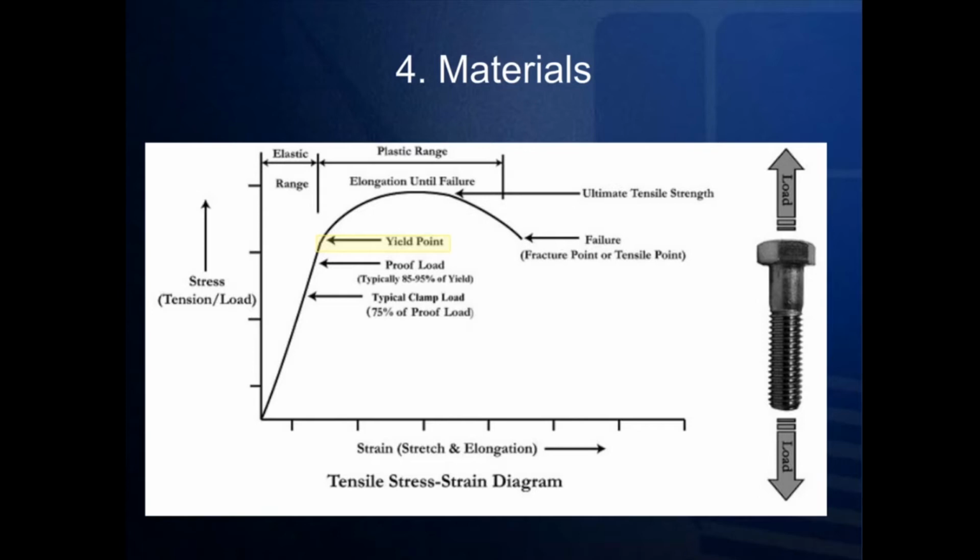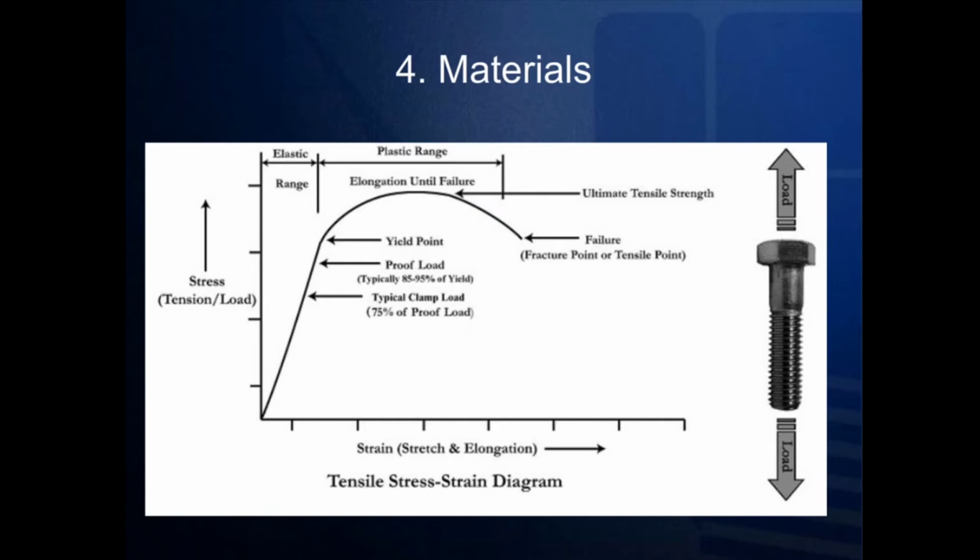The point at which this change occurs is very visible on the graph. It is where the shape of the straight line starts to arc to the right. If the bolt is pulled even further past its yield point, it will eventually break. Therefore, the amount of force required to break a bolt is called its tensile strength. Once a yield point is determined, you can then calculate its proof load and its clamp load.